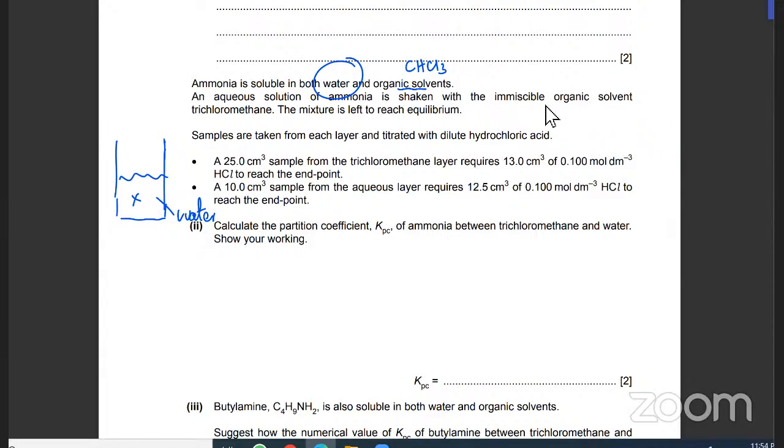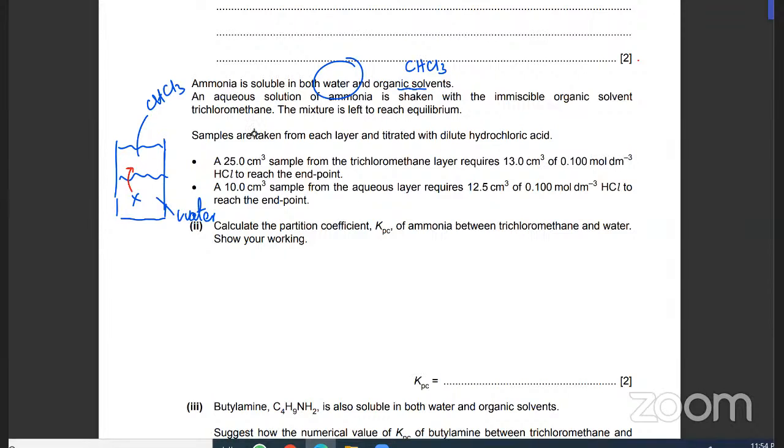And it's shaken with an immiscible organic solvent, trichloromethane. So it's mixed with CHCl3. Now what's going to happen is that some of the ammonia, which is X, is going to travel and eventually reach equilibrium, but some of it is going to mix in this organic solvent over here.